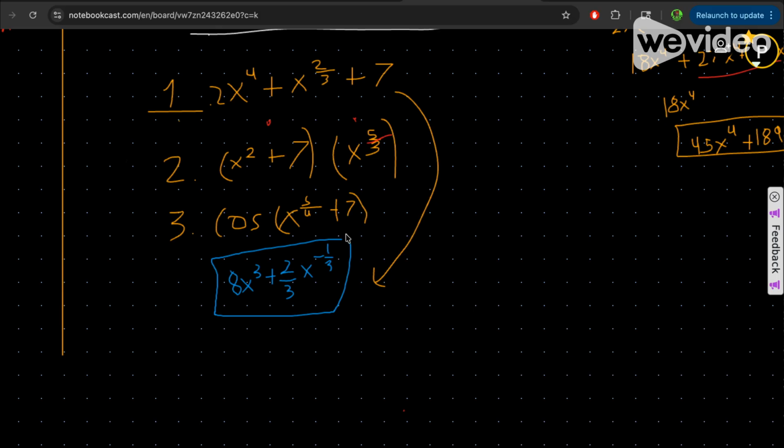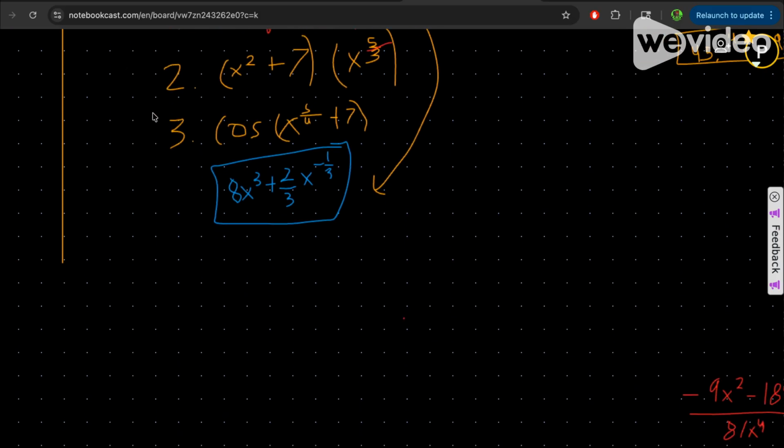The second one employs the product rule, which I'll do in green. I'll bring this over here. x squared plus 7 times x to the 5/3. What's the derivative of that? Well, we'll find out. Okay, so x squared plus 7, we've already covered this so many times. It's 2x times x to the 5/3, plus, what's the derivative of x to the 5/3?